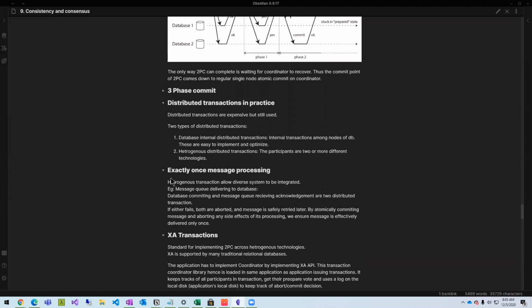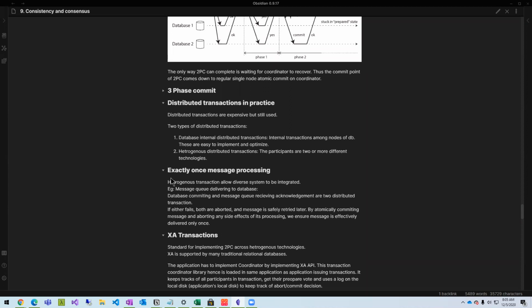Because if the message queue does not receive an acknowledgement, it will keep on retrying; it will think that this message is not yet delivered.